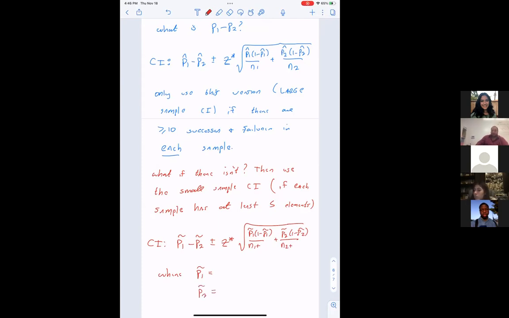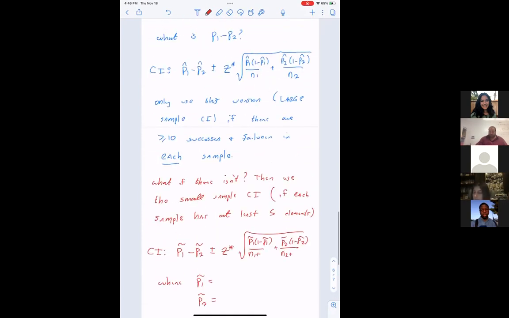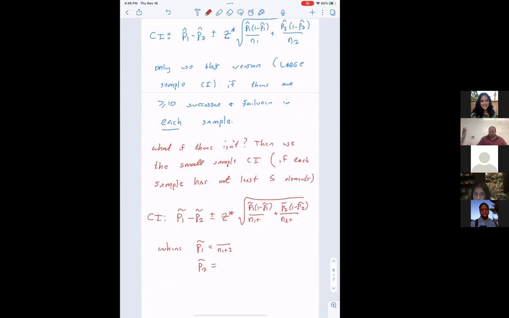And what are my new denominators? So if you recall, for one confidence interval, what did we add to the top and what did we add to the bottom to get P1 twiddle? Anyone remember? We added 4. In this case, because there's 2 samples, we're going to add 2 to each one. With one sample, we added 2 to the top. So what do you think we're going to add to each top in this one?